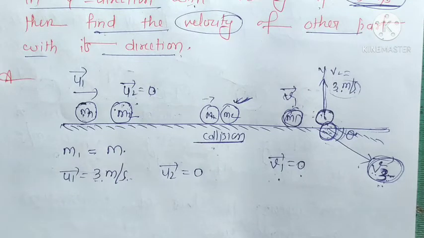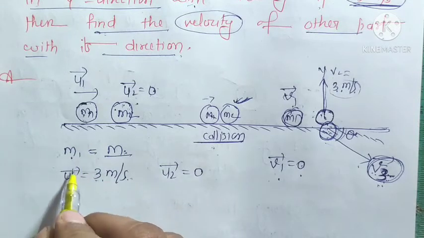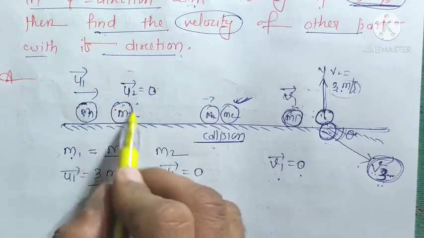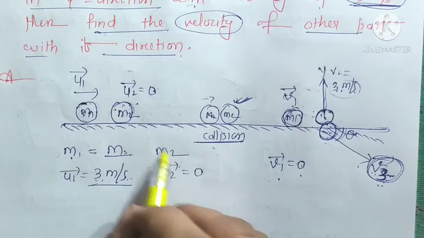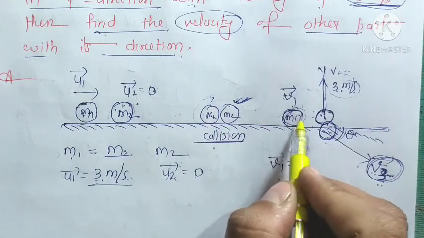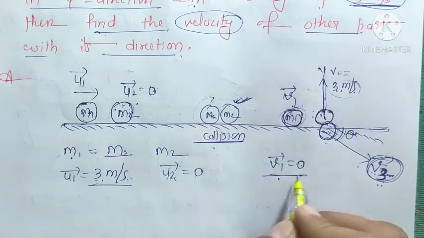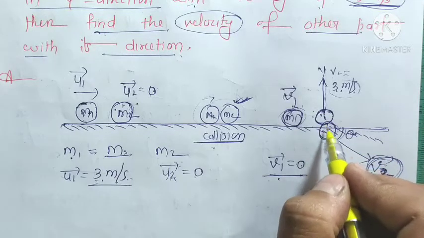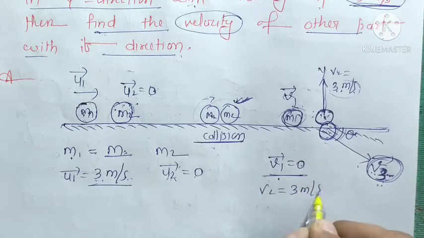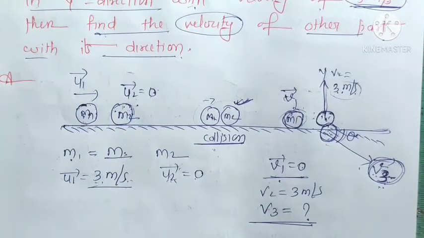So we write all the respective values here. m1 is already given, the initial velocity of the first body is 3 meter per second, m2 is the mass of the second body, and u2 is 0 because the second body is at rest. After collision the first body comes to rest, so v1 is equal to 0, and the second body breaks into two equal parts. So v2 is 3 meter per second, and we have to find the unknown v3.